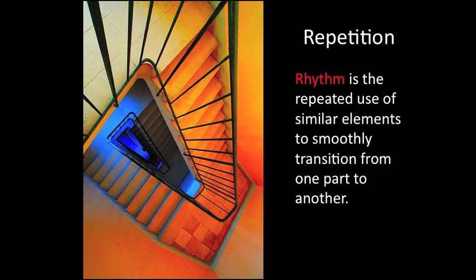This is the repeated use of similar elements to smoothly transition from one part to another. So if we're looking at this photograph, you notice that the lines of the stairway railing sort of make our eye go down into a spiral. That would be a very good example of repetition using rhythm.